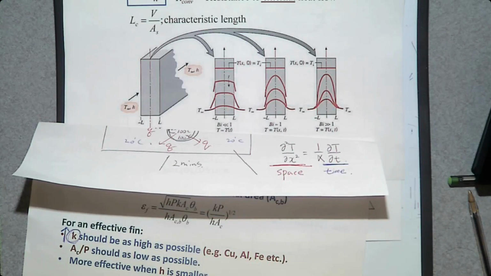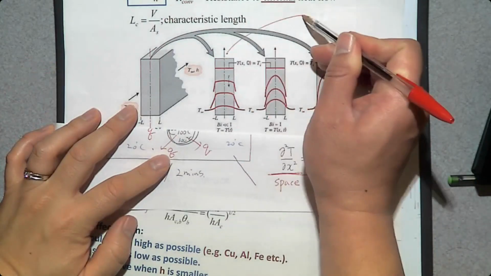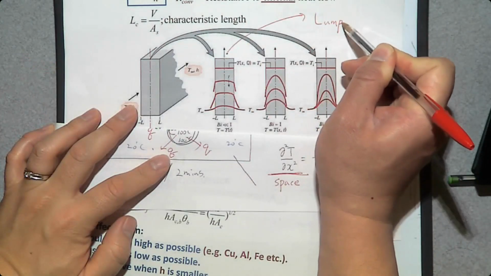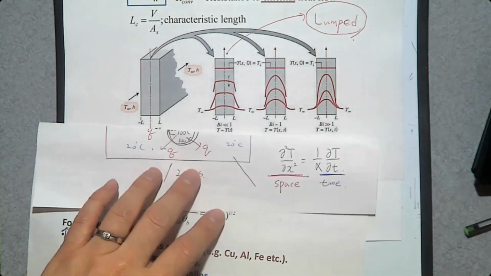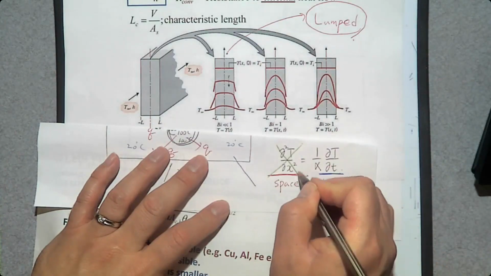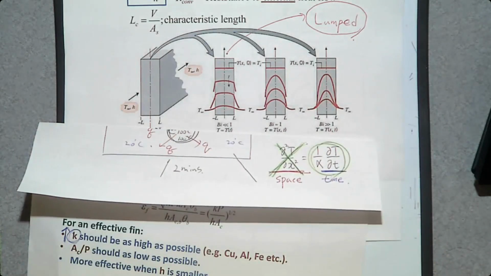So, if you have a highly conductive material, then the temperature distribution within that solid is going to be almost uniform. So you don't need to worry about the second order differential equation in space. That is called a lumped system. If you have a lumped system, you can neglect the left-hand side and you only deal with the right-hand side. That is a lumped system. Okay?